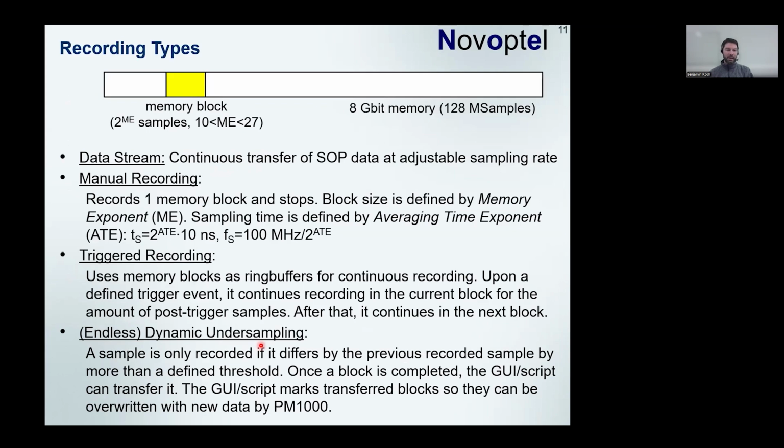So this is how to get data from the polarimeter. The simplest thing is the data stream. This means that you just configure a constant sampling rate in the polarimeter, and the polarimeter will just put out the SOP data as a stream with no additional information.